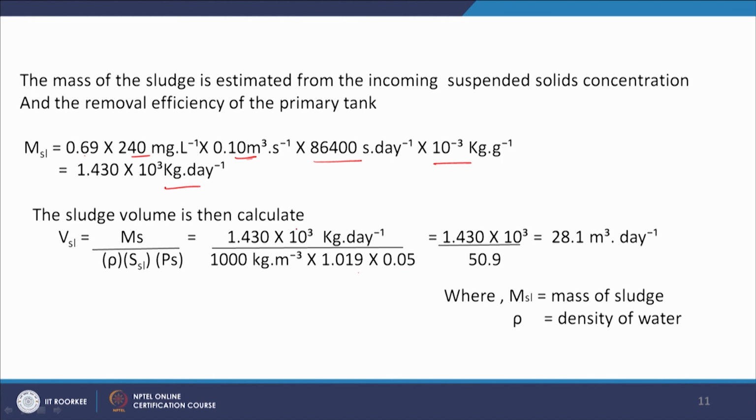From this expression we are getting 1.430 into 10 to the 3 divided by 50.9. So, that is equal to 28.1 meter cube per day, where M_SL is the mass of sludge and rho is the density of water. So, now we are able to solve this problem.